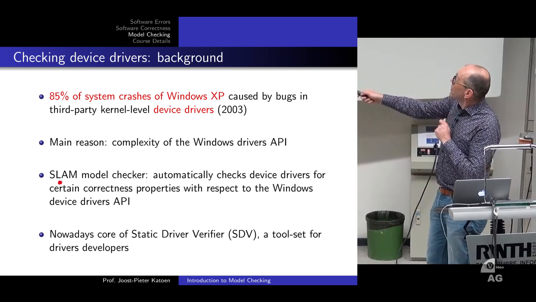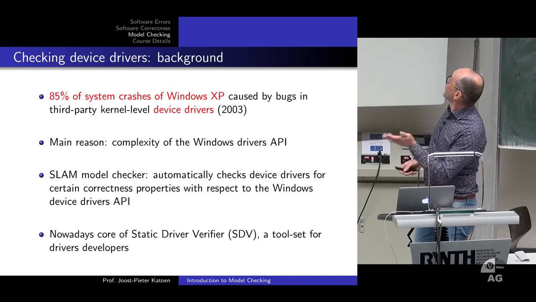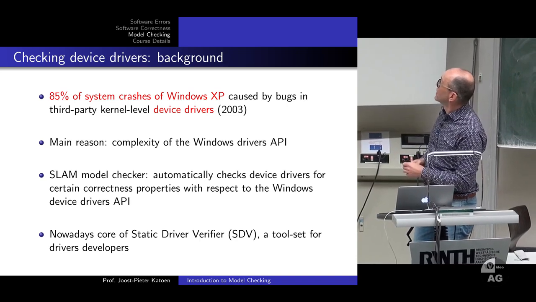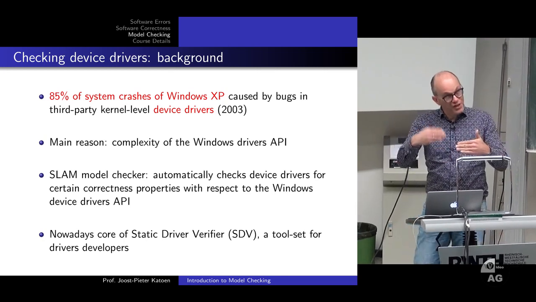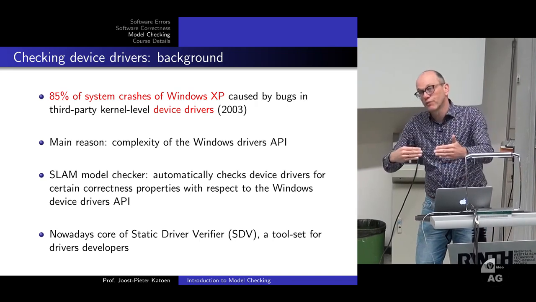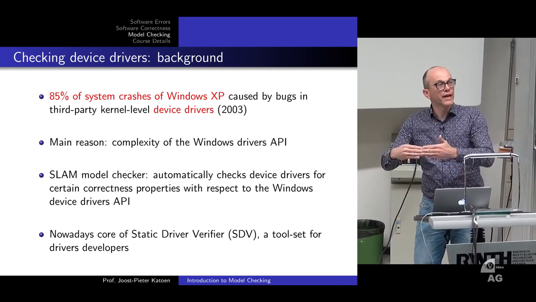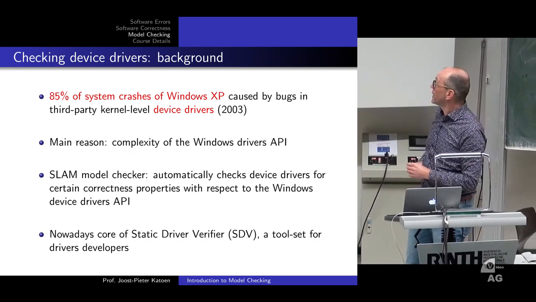So they built a model checker called SLAM, and it automatically checks device drivers for properties. Their specification is, of course, that Windows uses APIs, and those APIs specify how the device driver should react if certain stimuli are sent. So the specification was given by those device driver APIs.